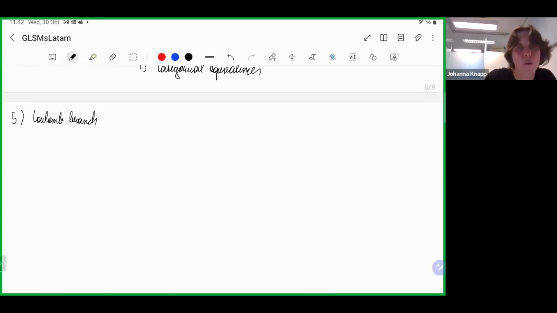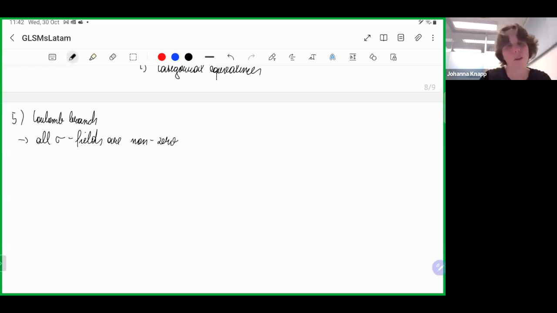So this is as opposed to the Higgs branch. We're going to ask ourselves now, we're looking at configurations where all the sigma fields are non-zero. So it's really the opposite extreme compared to what we call the Higgs branch, where all the sigma fields are 0.